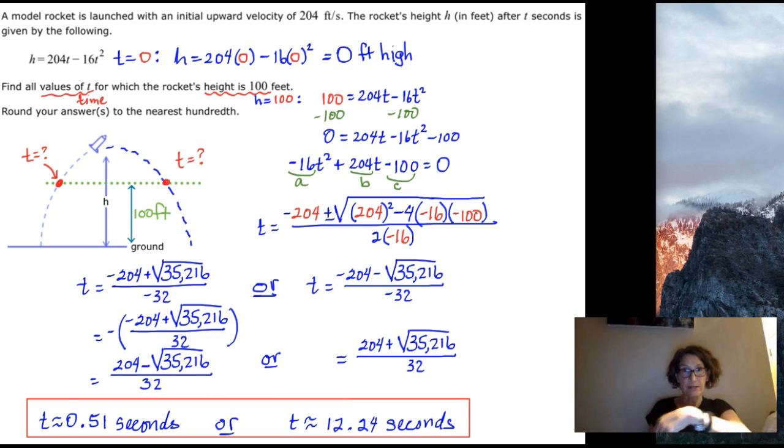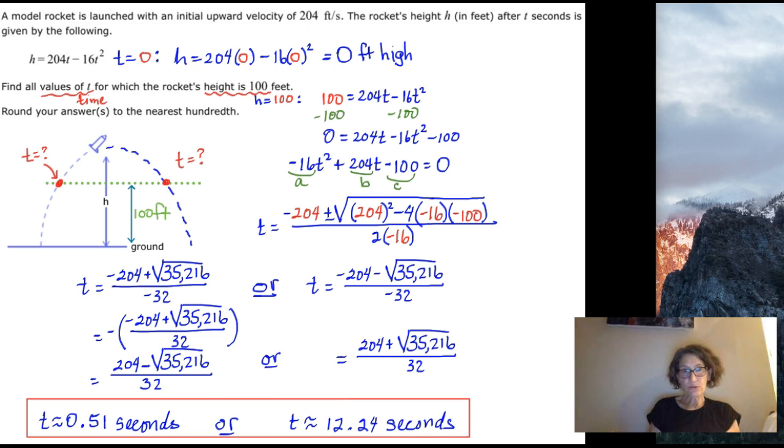So it must have gotten pretty high, somewhere between a half a second and 12.24 seconds. It reached its maximum height, turned around, and started coming down. So after this next exam, we're going to learn how to find when it reaches its maximum height. But we don't have to learn that right now.